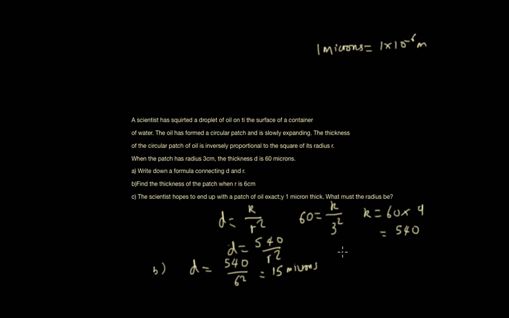And finally, c. The scientist hopes to end up with a patch exactly 1 micron thick. What must the radius be? So 1 equals 540 over r squared. So the radius must be the square root of 540, rearranging the formula, and we don't want r squared, we want the actual radius.